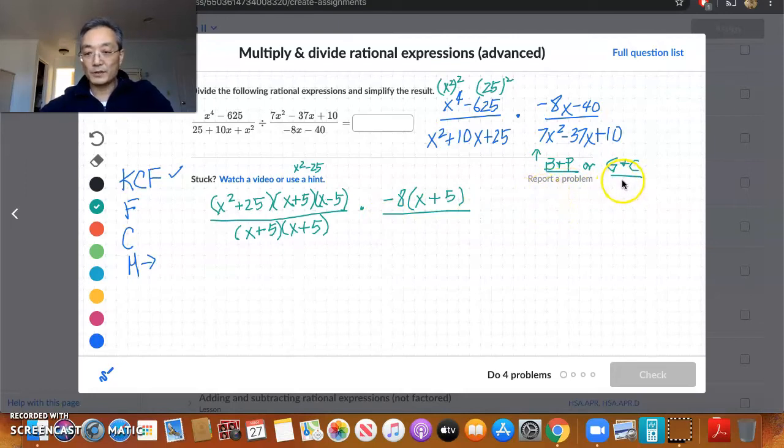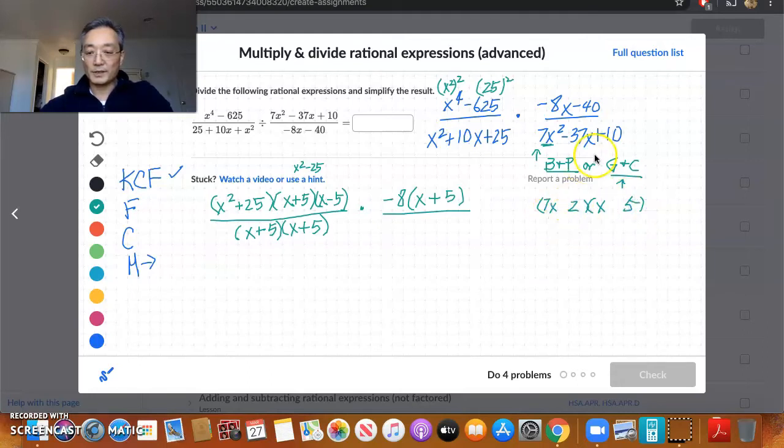Well, it's 7x squared, so my factors might be 7x and x, correct? Now, in the back part, I have 10, so it could be 10 and 1, or it could be 5 and 2. If I'm going to use 5 and 2, I'm going to use 5 over here, and 2 over here.